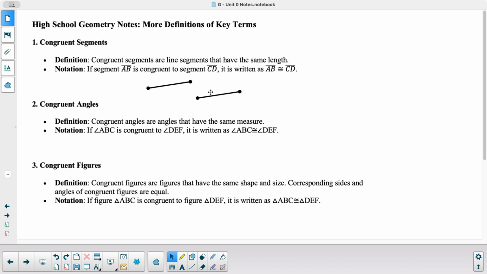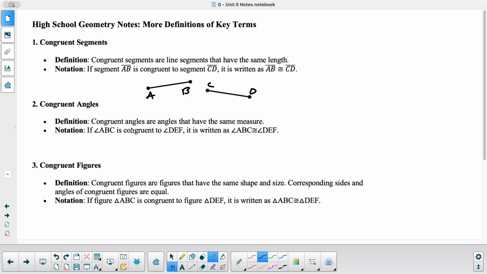See, same length. Now you could turn it, flip it. It's not in the same direction, but I could move it, turn it, rotate it, all that stuff, and it would match up right on top. So, we could say segment AB is congruent to segment CD.